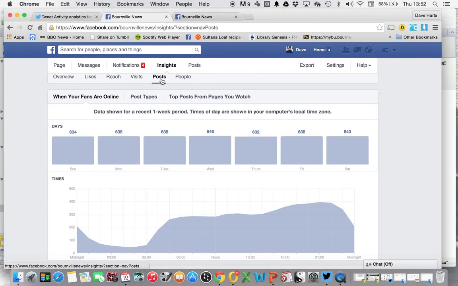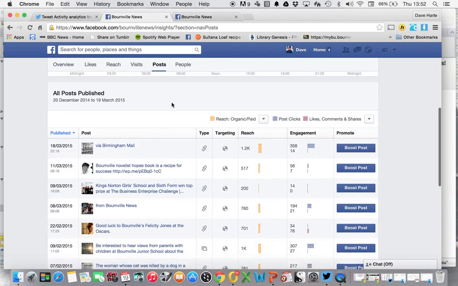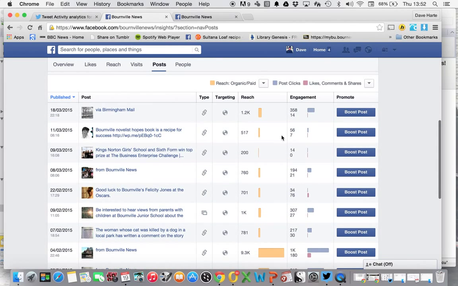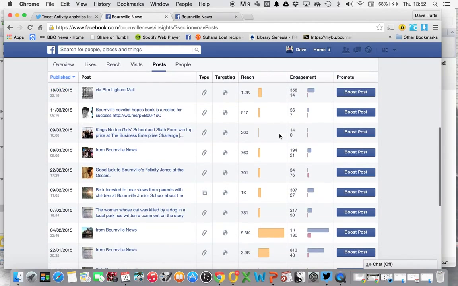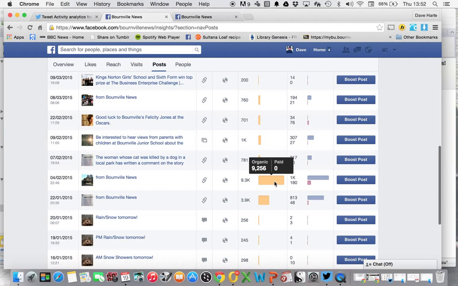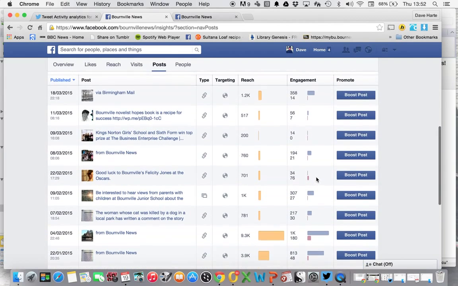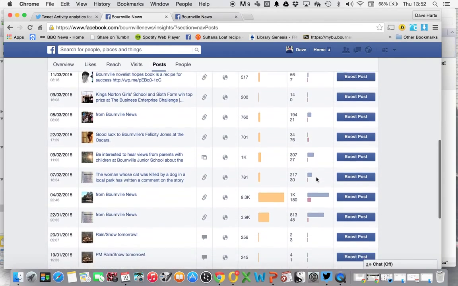If you look at the individual posts tab, we'll come down here, and we see the figures and details. There's a post here that had a lot of reach, and here is its figure for engagement. So that had 9.3 thousand organic reach, and it had about 1,000 engagement.